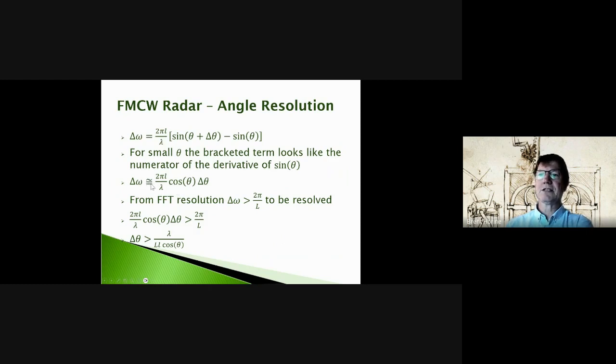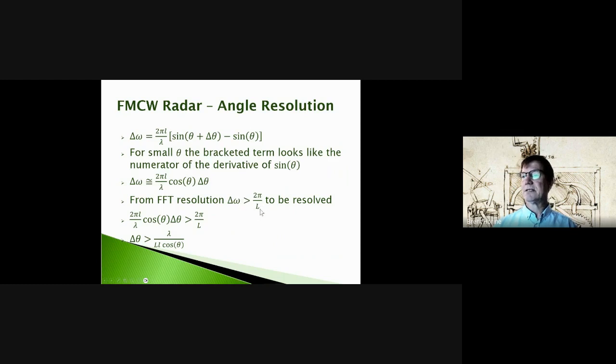This is only approximate, because it only truly applies in the limit as delta theta approaches 0.